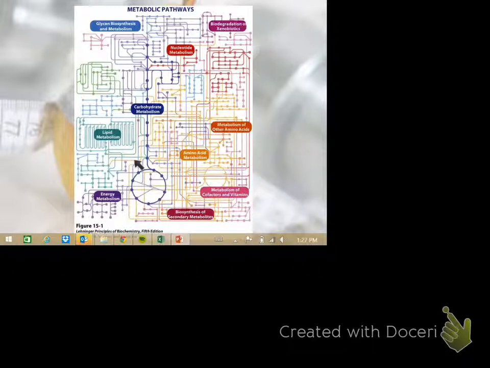But you can see how it also is related to glycan biosynthesis and nucleotide metabolism. Of course, we already talked about the pentose phosphate pathway. They're all just interrelated, and we're going to go into greater detail with both amino acids and lipids later on in the semester. And so we have to be able to manipulate these so that one is not scavenging at the cost of another metabolic pathway.